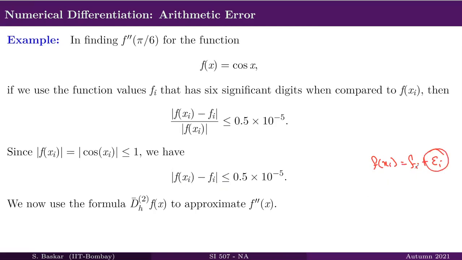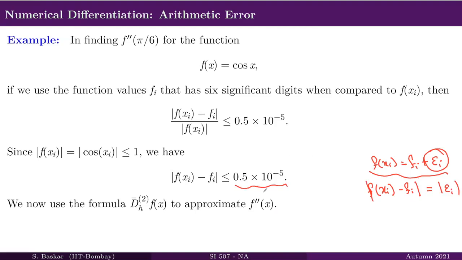These epsilons are coming through this expression, and therefore we want an estimate for it. That is what we will finally take as epsilon i's, and that is given by 0.5 into 10 to the power of minus 5 in this example.